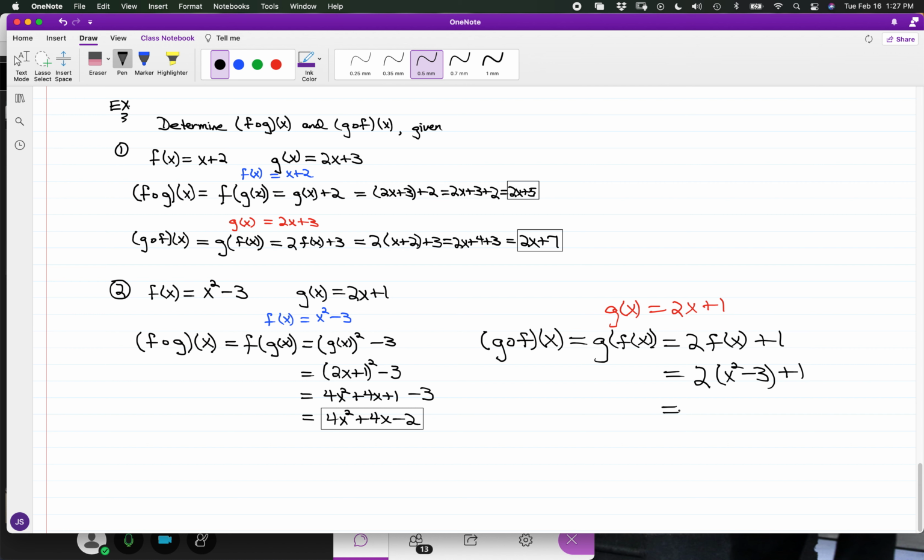And with distributing, we're going to have 2x squared minus 6 plus 1. And it's going to turn out that we're going to have a much different output with g composed with f of x in comparison to f composed with g of x. In fact, the result here is going to be 2x squared minus 5.